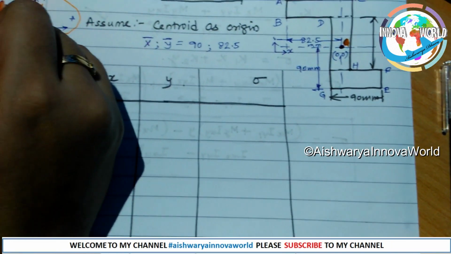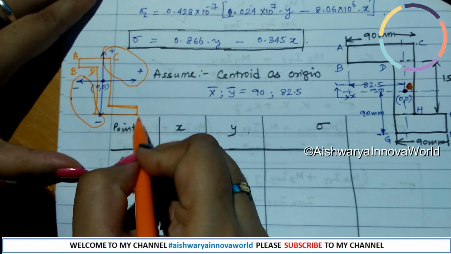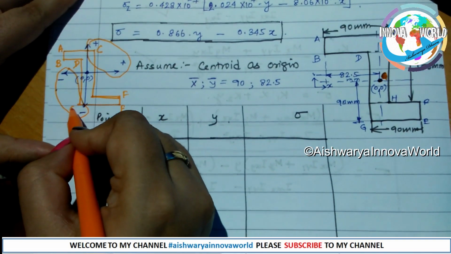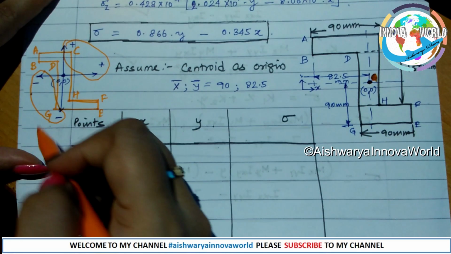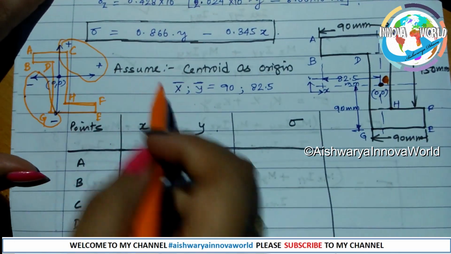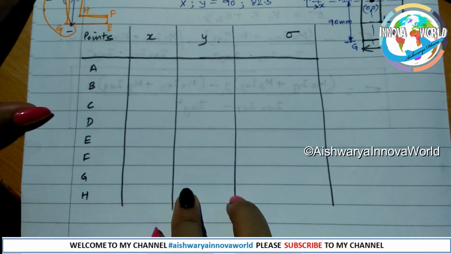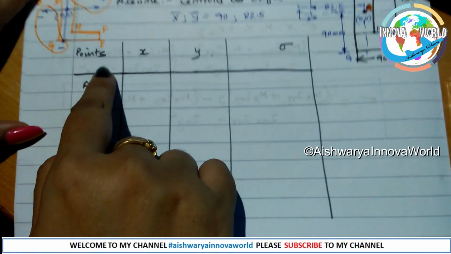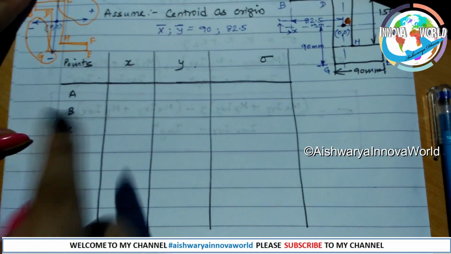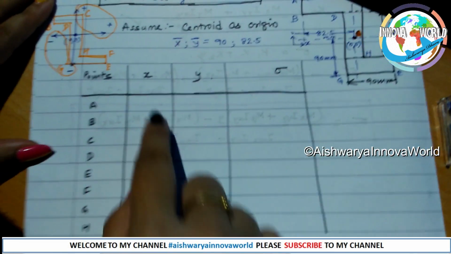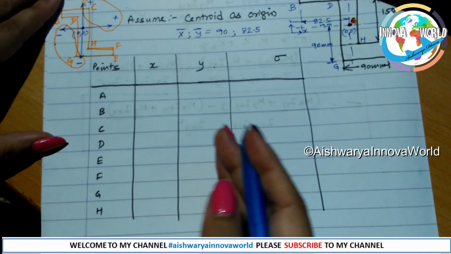Now this is point A, this is point B, C, D, E, F, G, H. Now we have to find the coordinates of these points. The next step is to make a table like this. In this table, first you write the series of points A, B, C, D till H, because you have points till H. Then X, Y. These X, Y should not be confused with the centroid which we found before.